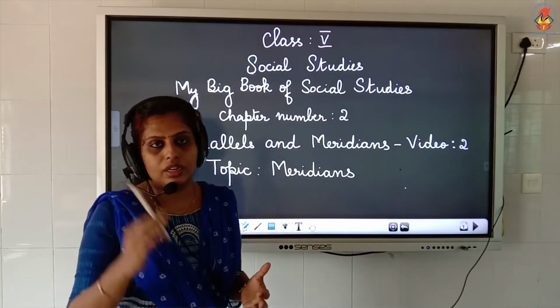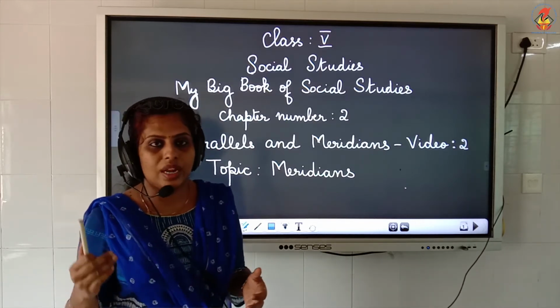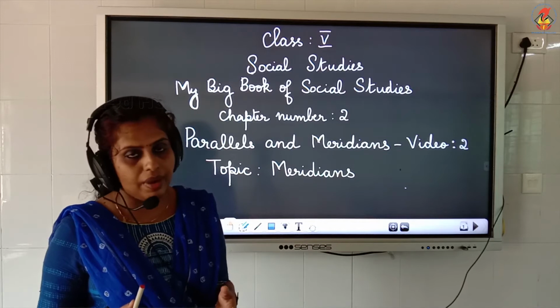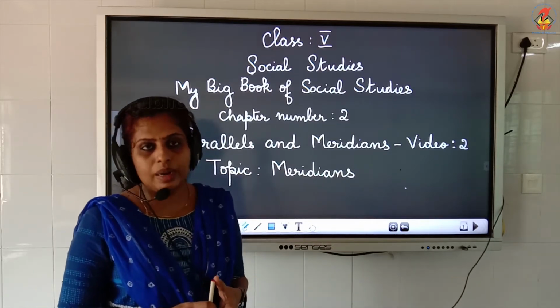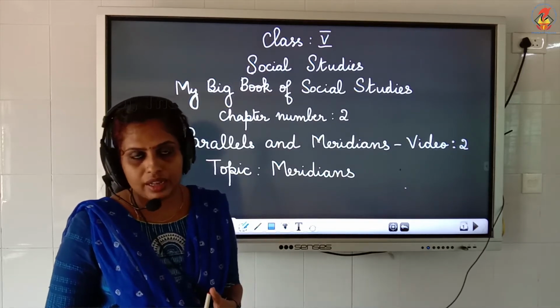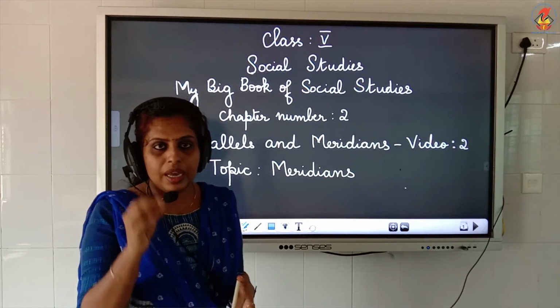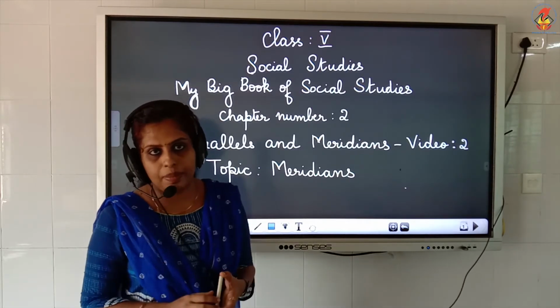On the northern hemisphere, we said there are 90 parallels, as well as in the southern hemisphere we have 90 parallels, plus the equator we have 181 parallels in total. But we cannot learn all the parallels together, so we picked out certain important parallels and learned their names.